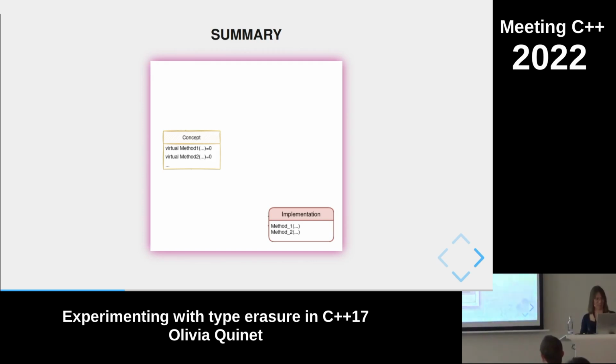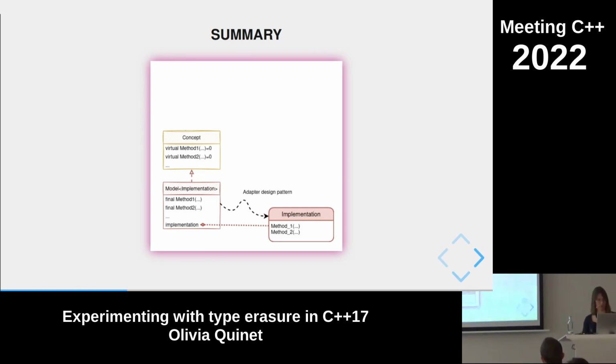And you have a template model that takes the implementation as a parameter, and you have an instance of that implementation inside the class. The virtual methods are funneled in the model, and with the adapter design pattern, you link this virtual final method to the actual implementation.